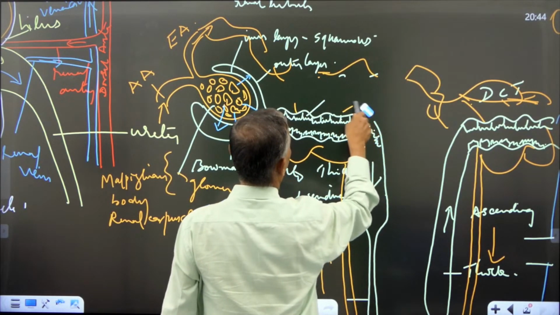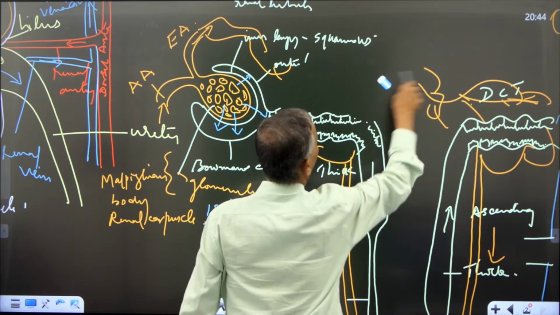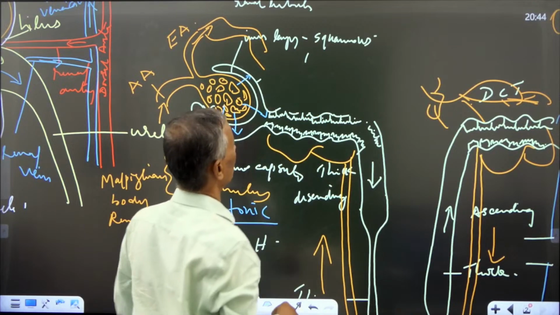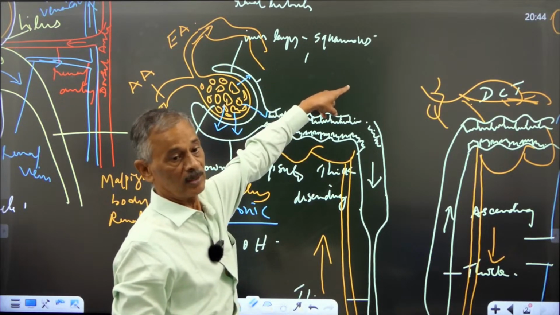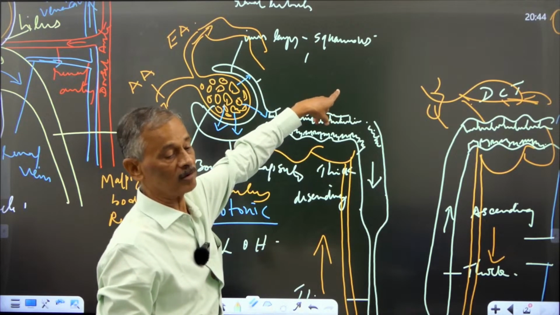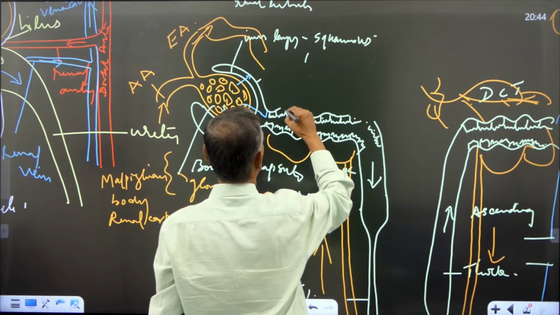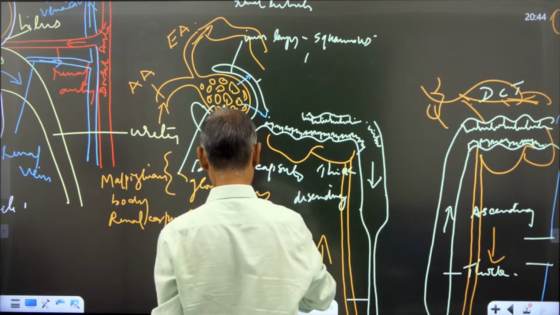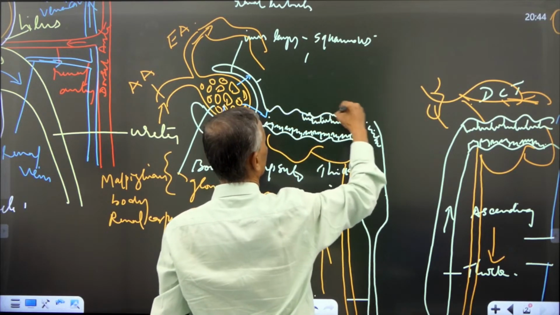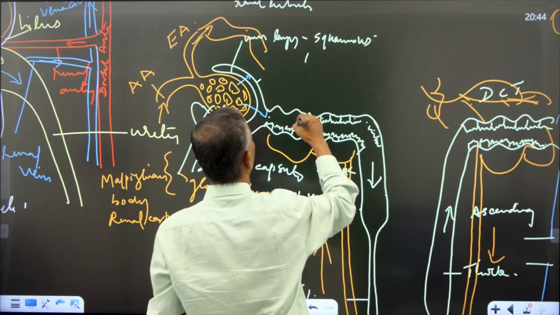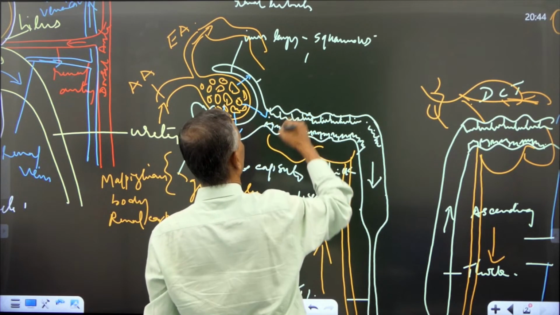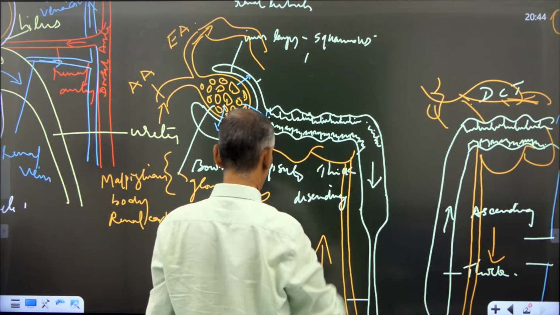For our convenience, I am removing this. Remember, you have the blood capillaries, called the peritubular capillary. The materials are absorbed back to it.